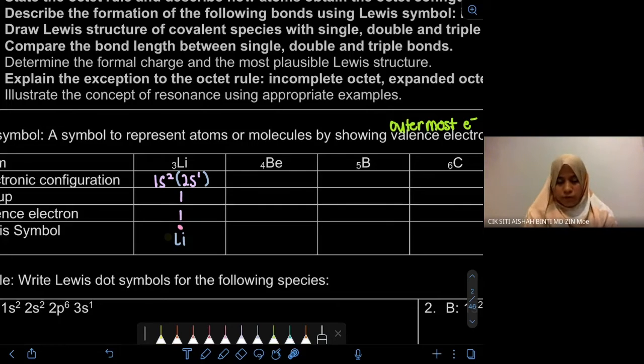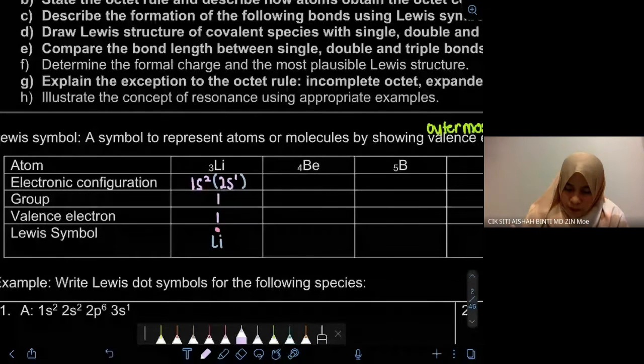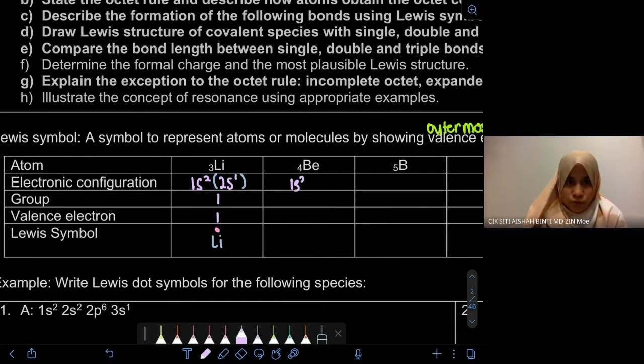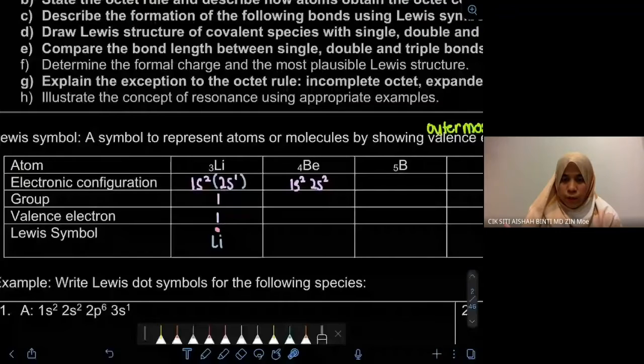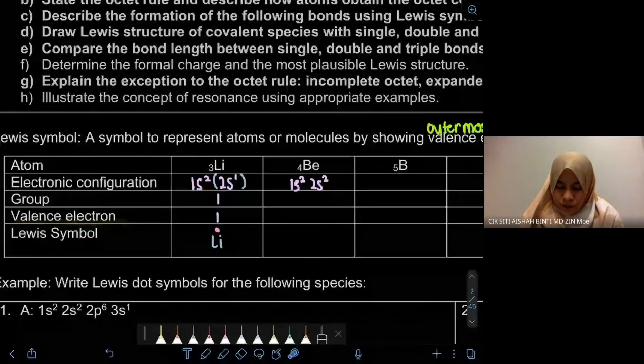Okay, so contohnya untuk beryllium pula. Beryllium dia adalah 1s2 2s2. Okay. So again, dia based on our number of proton lah. Sebab ada 4 kan. So 1s2, 2s2. So how many valence electron? Valence electron ni depends on our outermost electron lah. Valence shell tu.